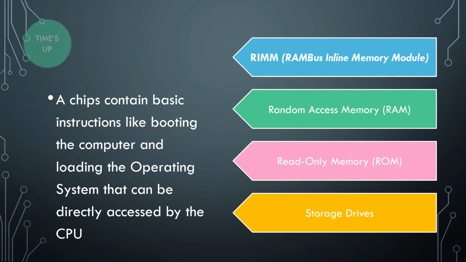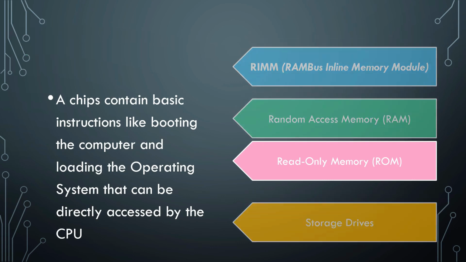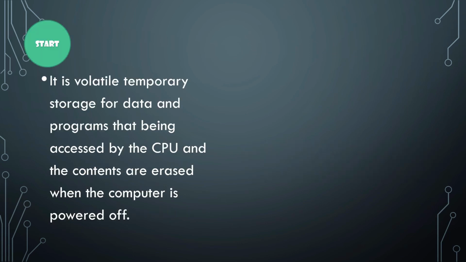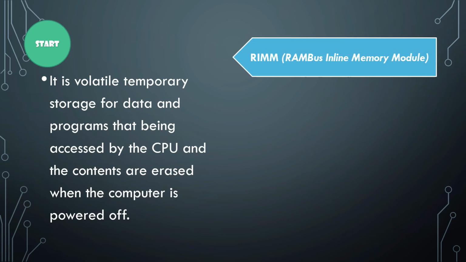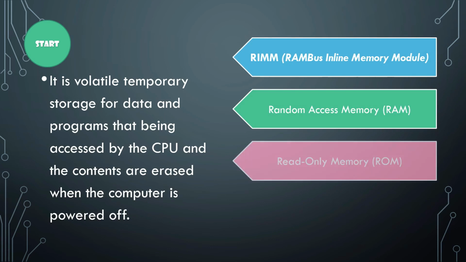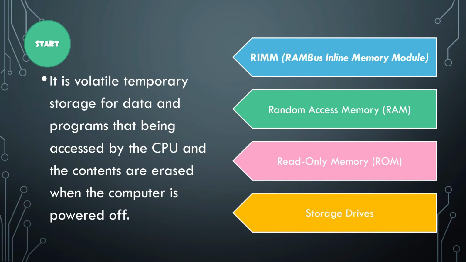The correct answer is Read-Only Memory or ROM. Next question. It is volatile temporary storage for data and programs being accessed by the CPU, and the contents are erased when the computer is powered off. Is it RIMM or Rambus Inline Memory Module, Random Access Memory or RAM, Read-Only Memory or ROM, or Storage Drives?